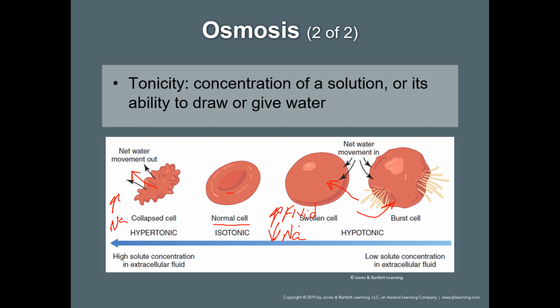So the body's fluid is divided into two main components. We have intracellular fluid and extracellular fluid. Remember this: interstitial fluid is located in the spaces between the body cells in the extracellular space.